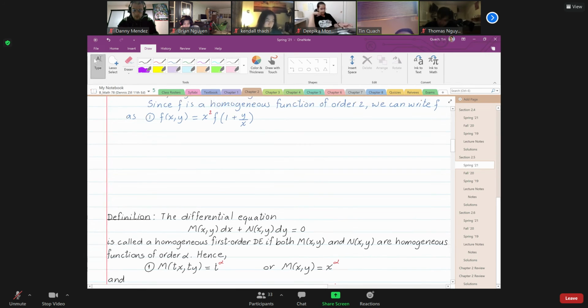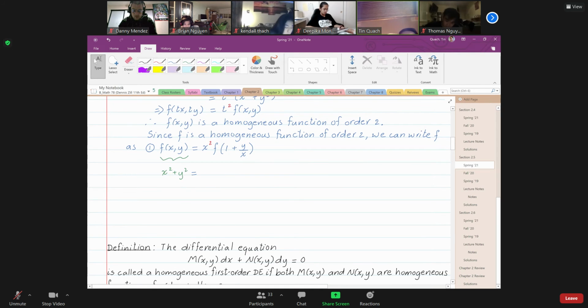On the left-hand side, you see that is x squared plus y squared. On the right-hand side, what is it? But first of all, let's highlight this one. This is a formula that you can make a note of. Now let's go to the right side.